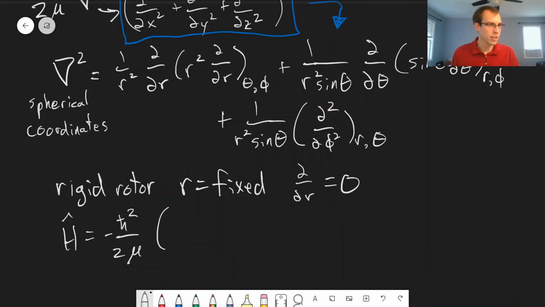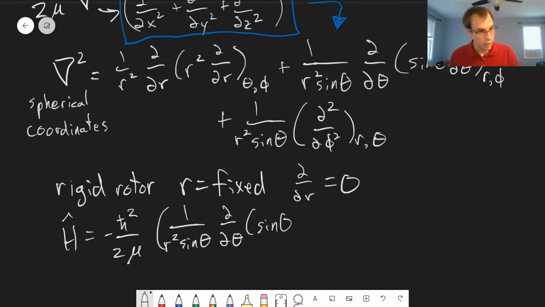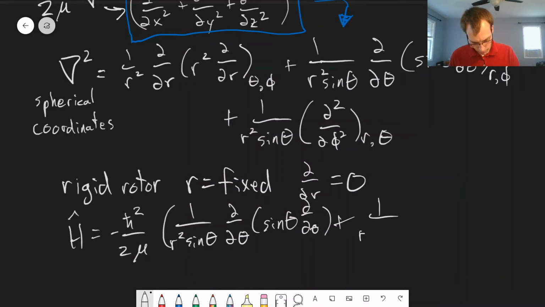The terms that have d dr in them go to 0, but that still leaves a bunch of stuff: 1 over r squared sine theta, d d theta, sine theta, d d theta at constant, we won't worry about the constants, plus 1 over r squared sine theta, second derivative with respect to phi. Okay, and that's our Hamiltonian for the rigid rotor.